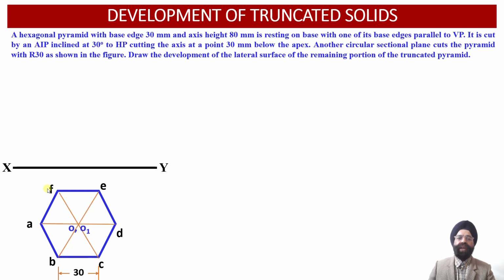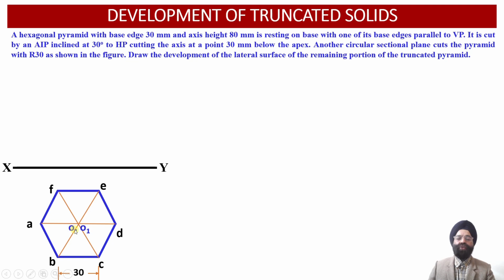Now let us evaluate the axis point corresponding to this pyramid. We will be able to obtain the axis points once we join the diagonals AD, BE and CF over here. Wherever these three diagonals intersect with each other, we obtain the points O and O1.